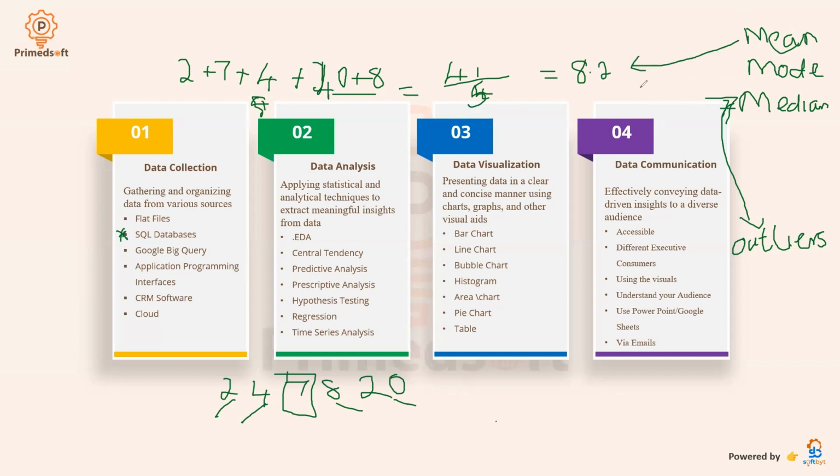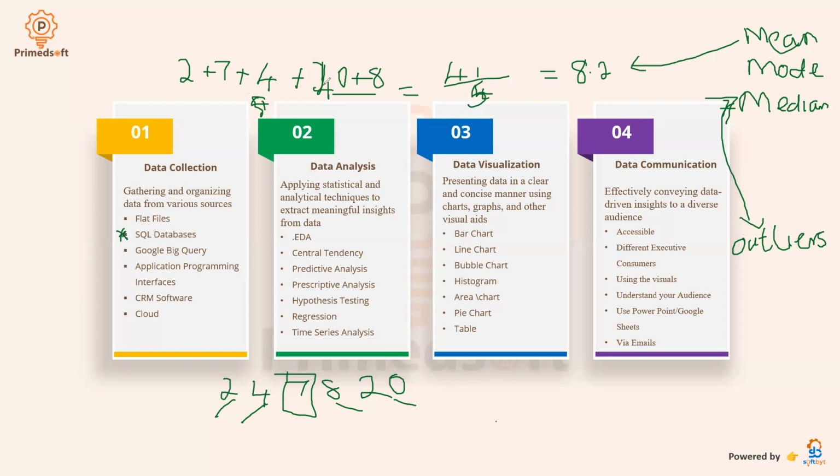Thank you. So to show you, you should always use median for your average over mean. Let's change this 20 to 40 and calculate again.